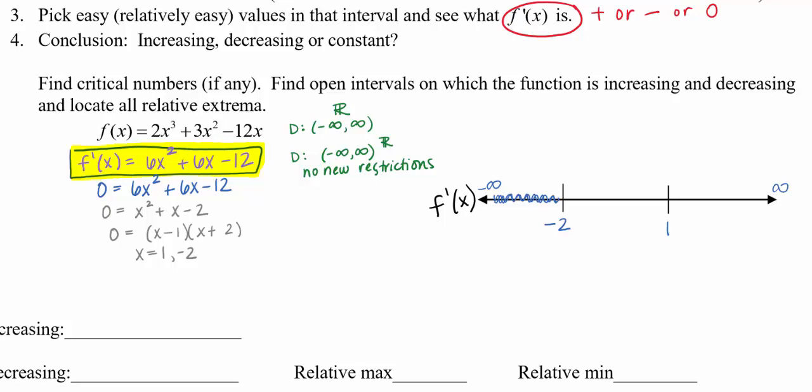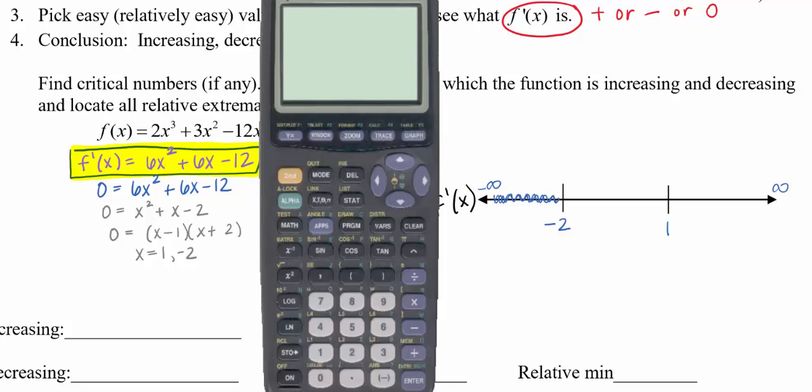So if I put in, and again, you do not have to do this by hand, you can certainly do this using your calculator. Let me get that open. Okay, so now I'm going to go to my y equals, and I'm going to choose to use my table. There we go.